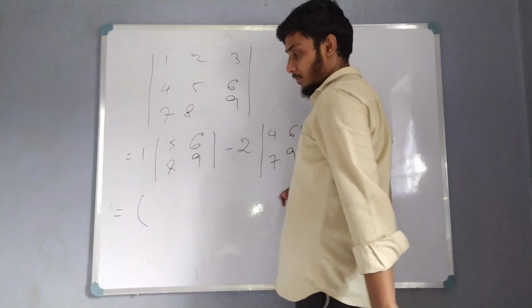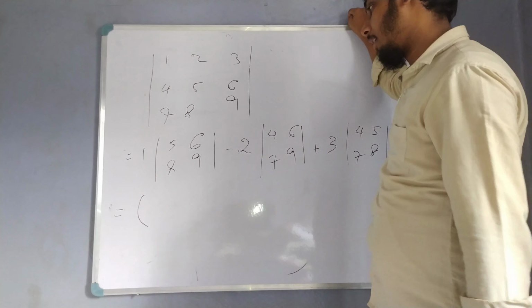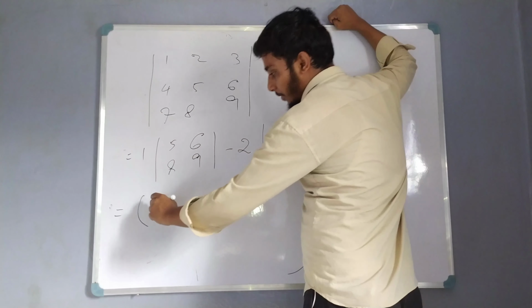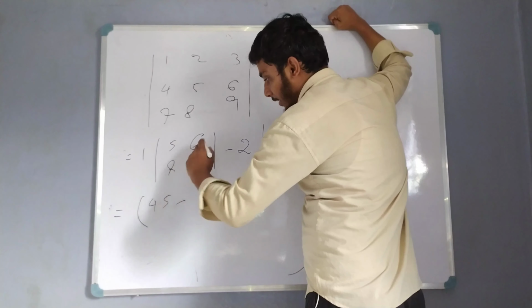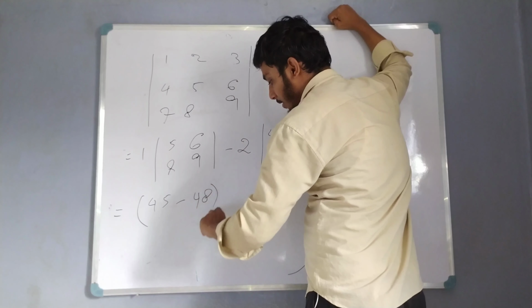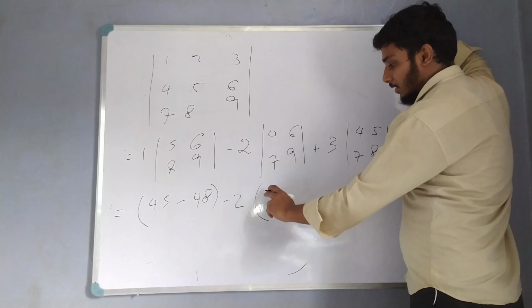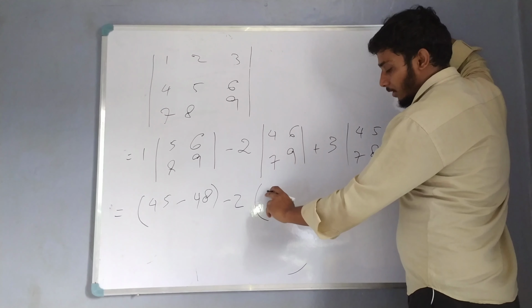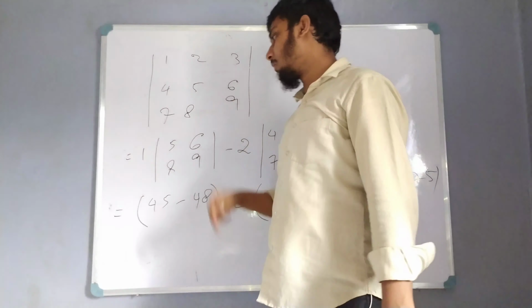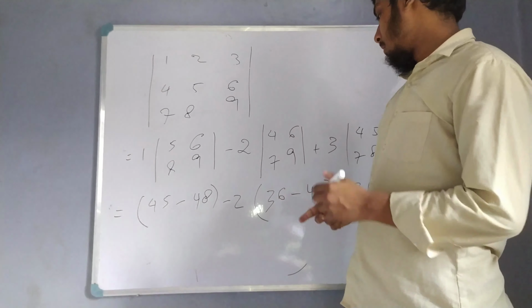Now since 1 is nothing, 1 can be eliminated. Now you have to multiply 5 by 9, it will be 45, minus 48, minus 2 times (36 minus 42), plus 3 times (32 minus 35), and after simplification you can get the value of this determinant.